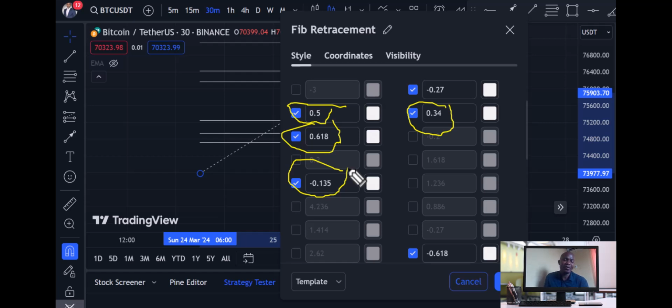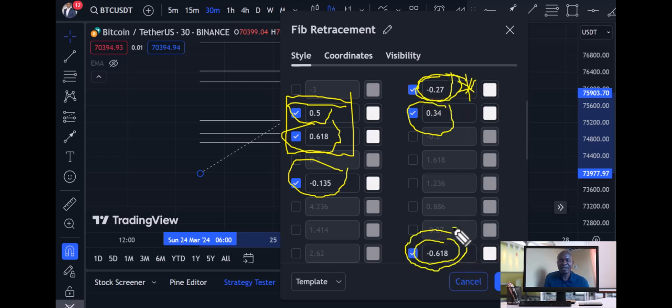The reason for minus is to give you the extension. And minus 0.27 is very, very important for extension, especially when you are in a corrective move, and also minus 0.618.